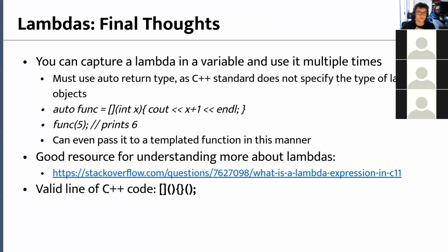You normally have to do weird stuff with function pointers or with the functional library, which are going to be in the slides that I'm not going to go over, which are right after this. And anyways, with a line of code like this, if you have some variable that has the auto type, you can actually assign a lambda to it. And from there, you can call that just like you would call a normal function. And this is actually super interesting.